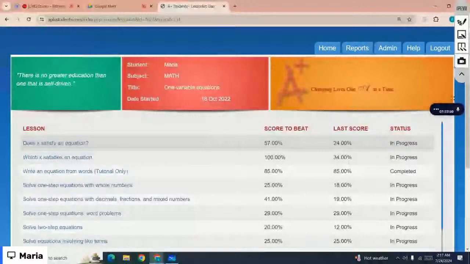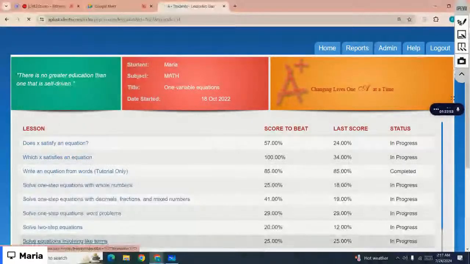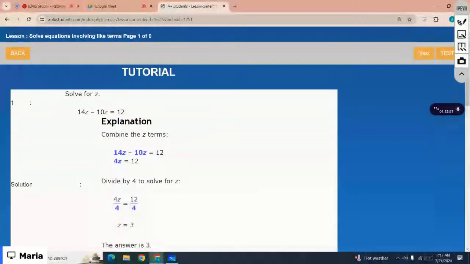The next one is solve equations involving like terms. Okay, so first thing we need to understand is what are the like terms, right? Like terms are the terms that have the same variables.